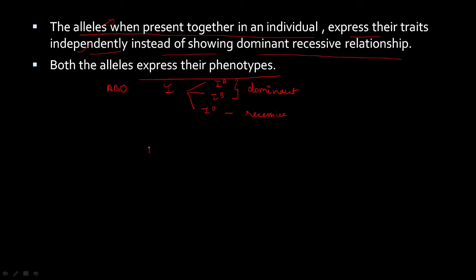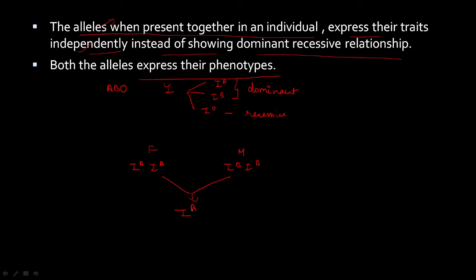ठीक है. So suppose the father is having the blood group A and the mother is having the blood group B, then can you tell what would be the genotype, or we can say what would be the blood group of the son or the daughter?